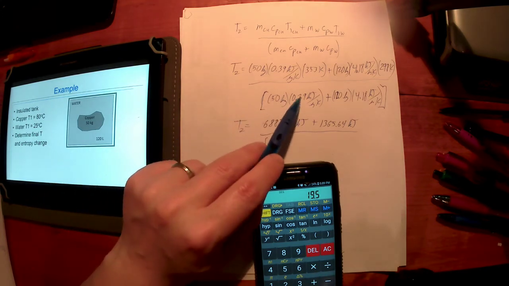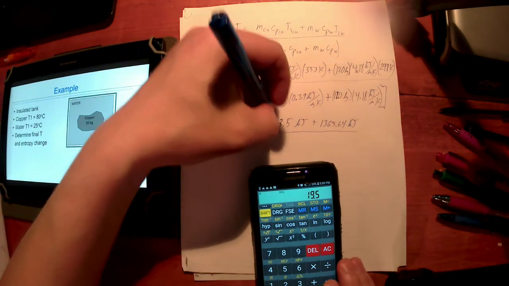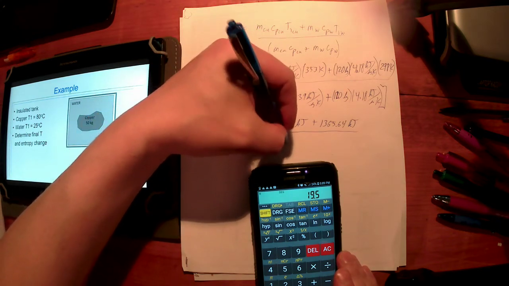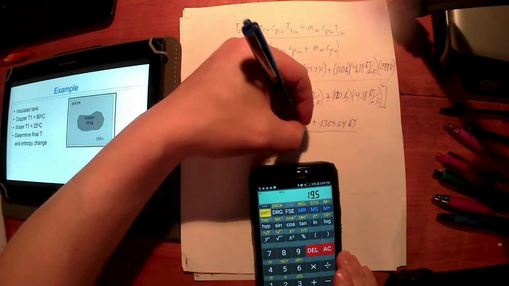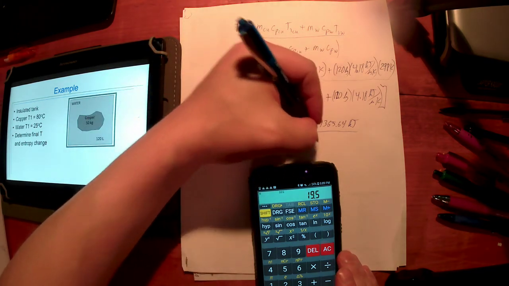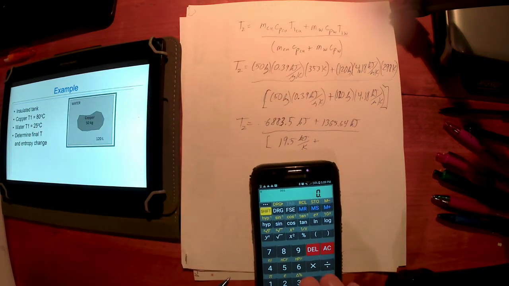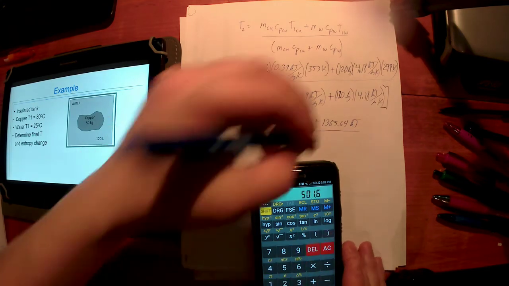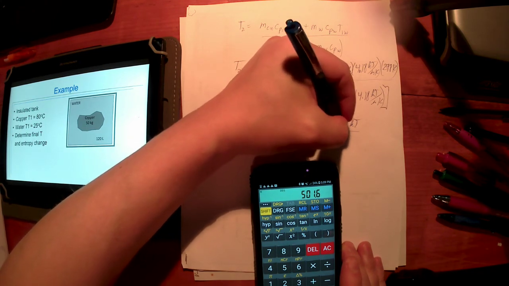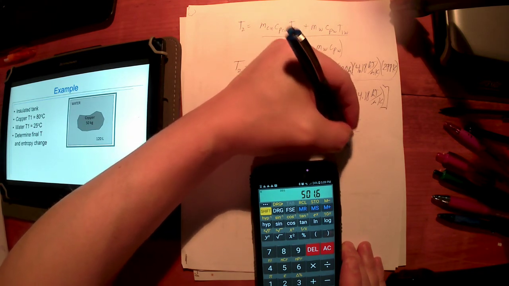So I've taken 50 times 0.39. That is 19.5. The units there are kilojoules per Kelvin, because the kilograms go away. I'm going to add to that 120 times 4.18. That is 501.6, again kilojoules per Kelvin.